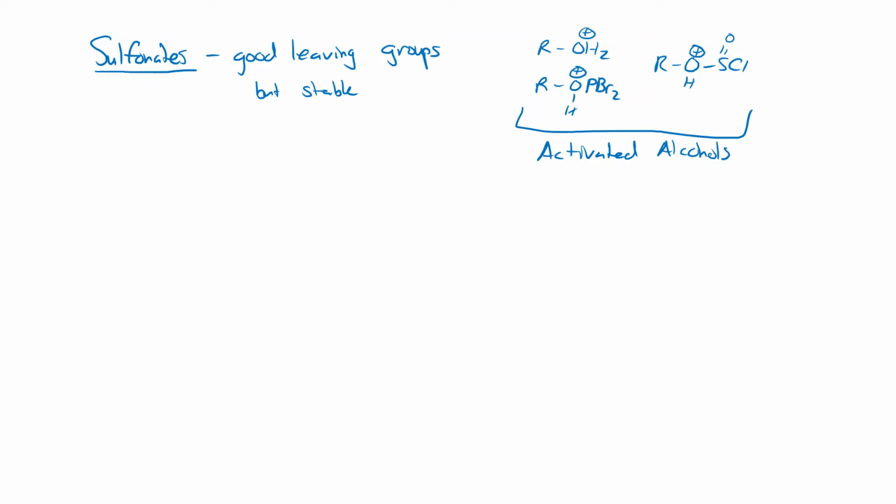But sometimes you want to make something that you can then isolate and purify and use in a reaction without having to, right? You can add a different nucleophile if you can save your leaving group until later. So sulfonates we make by activating an alcohol.